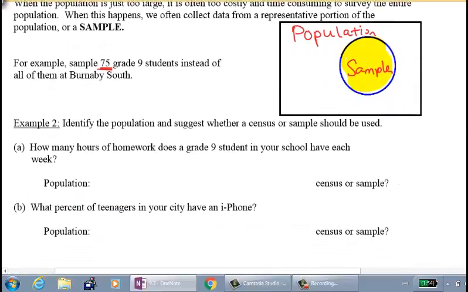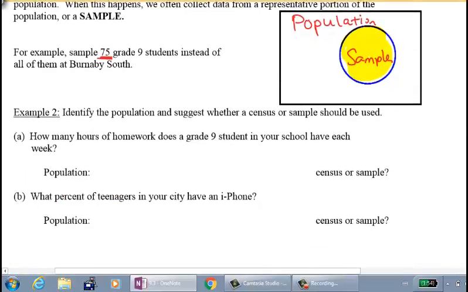So, in example number 2, I'd like you to tell me the population, and then suggest whether I should use a census, meaning survey everybody, or a sample. How many hours of work do grade 9 students in the school have each week? Well, I think the population is all the grade 9 students.